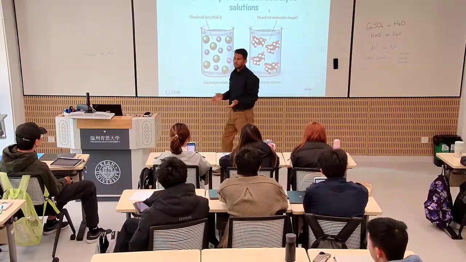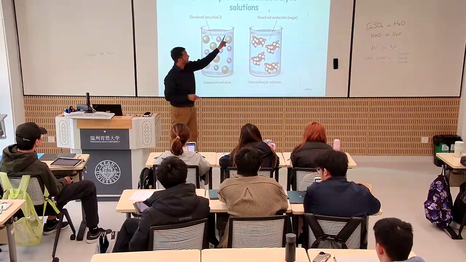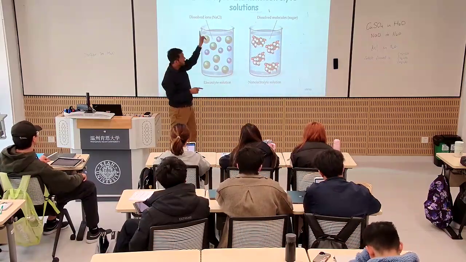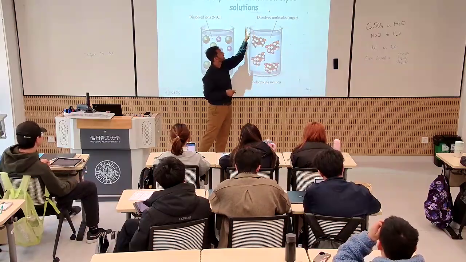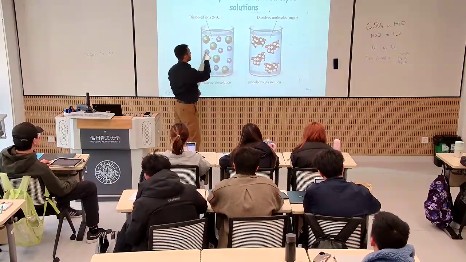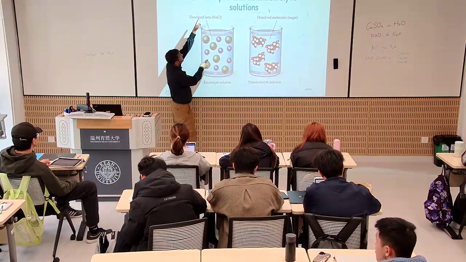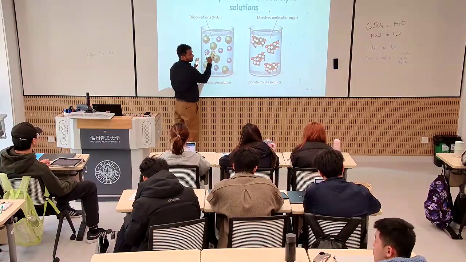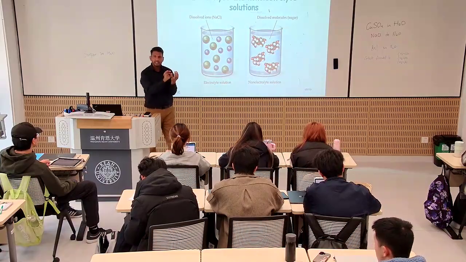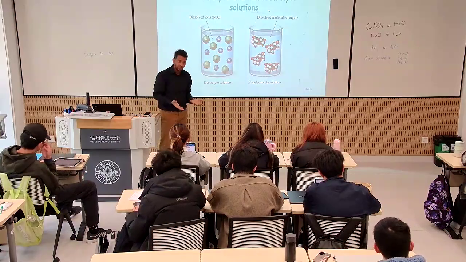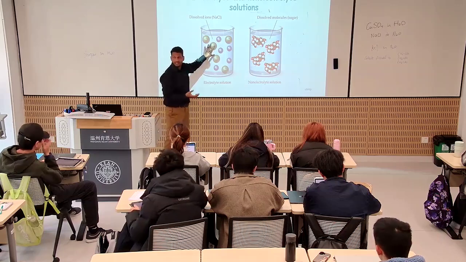No. So it means if current flows, it is called electrolyte. If current doesn't flow, it is called non-electrolyte. So electrolyte means ionic solution. If any solution contains ions, it is called electrolyte. We use electrolyte in batteries.